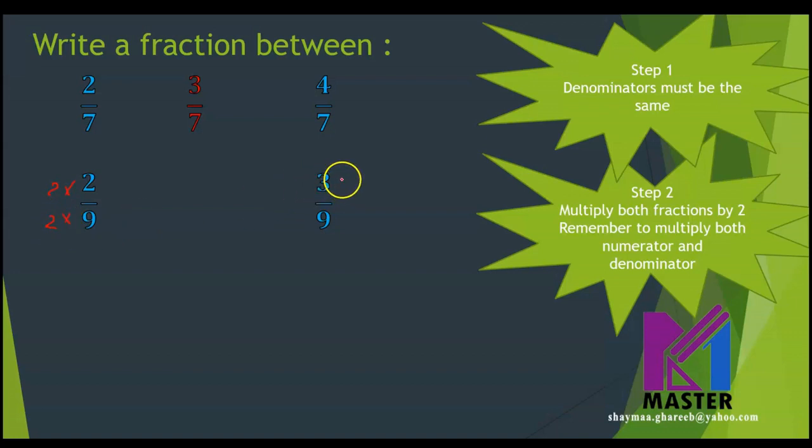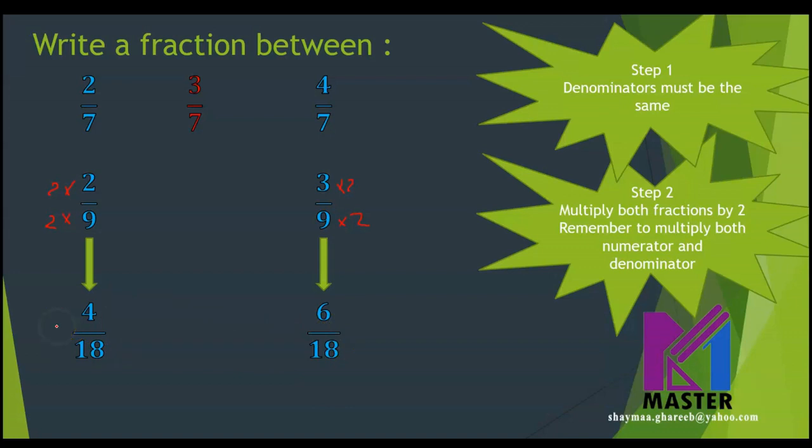So the first fraction will be, let's see together, 4 over 18. And the second fraction will be 3 times 2, 6, 6 over 18. Now I changed the denominators to be 18 and the numerators became 4 and 6.